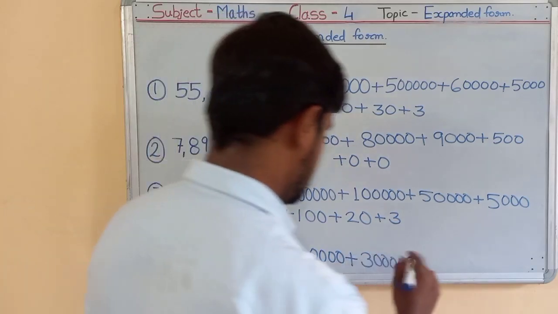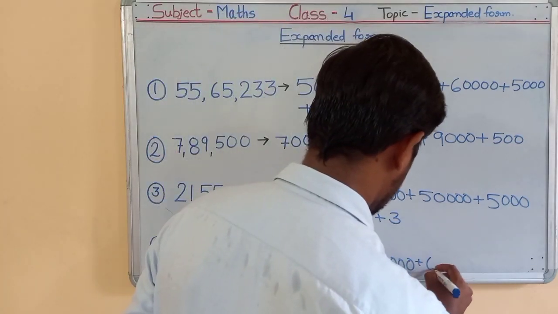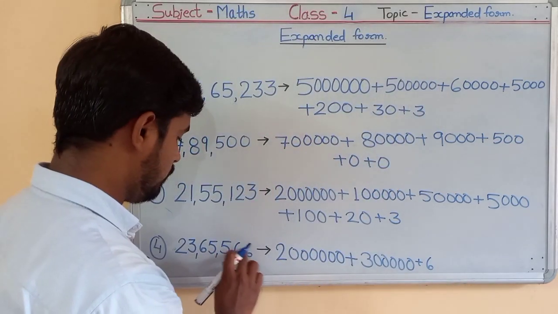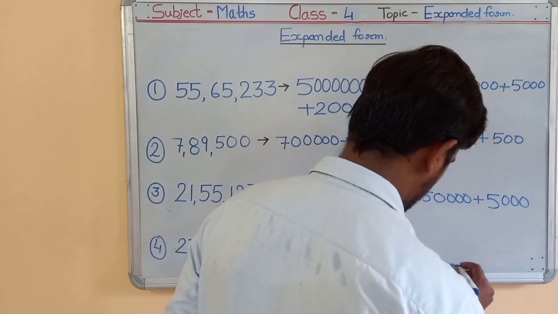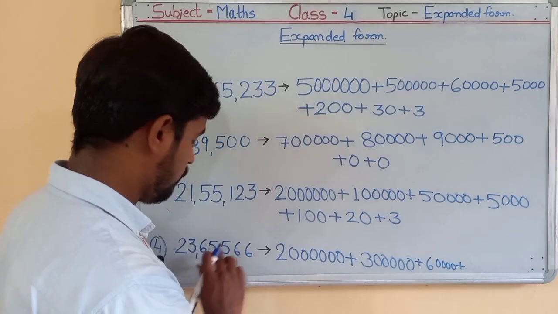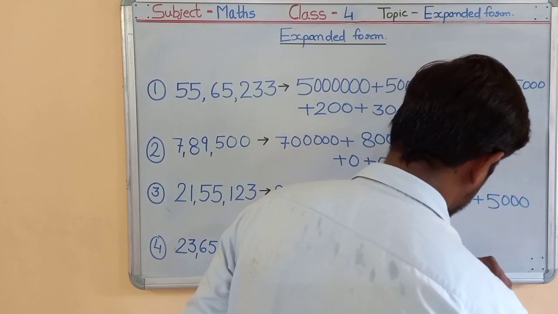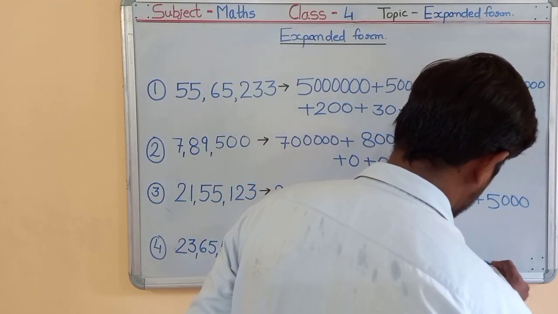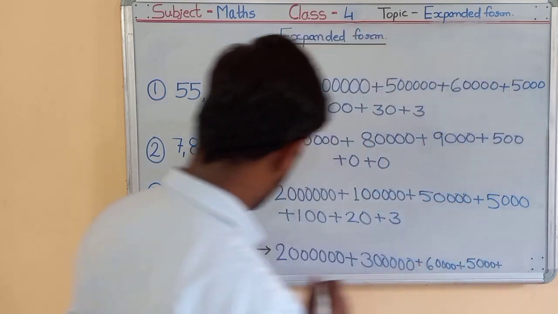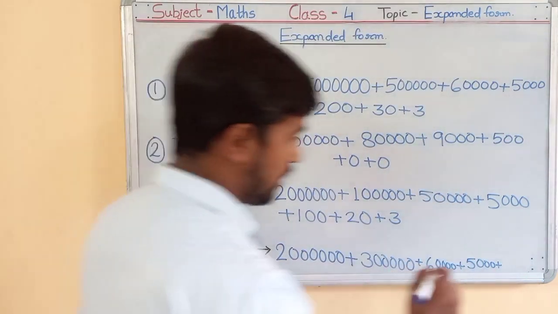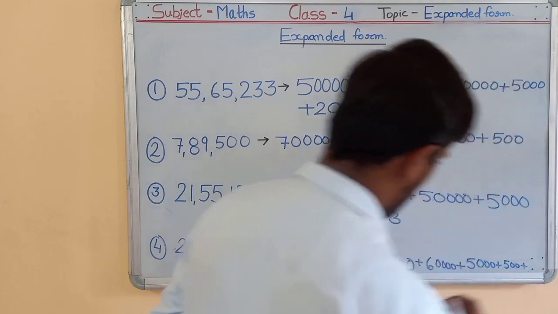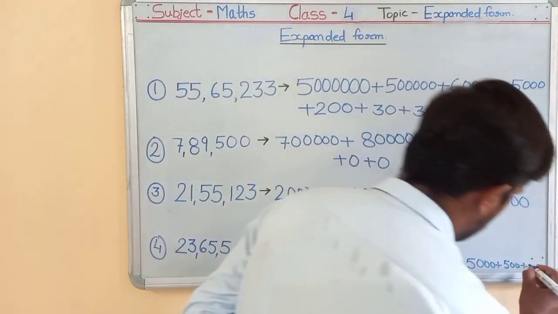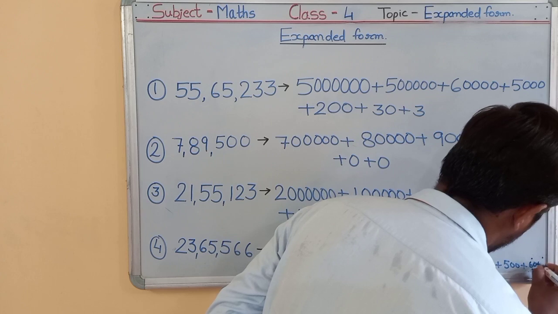Now 6: 1 2 3 4, 4 zeros. Now 5: 1 2 3. Now this 5: 1 2, and this 60 and 6.